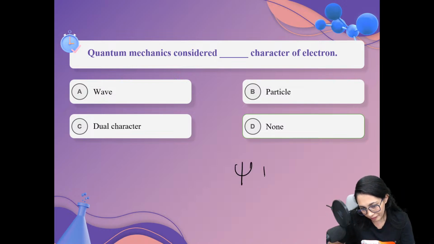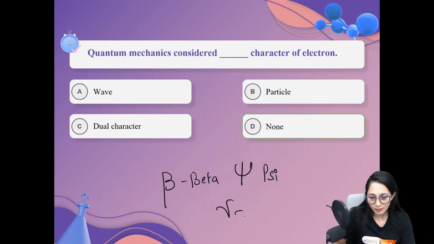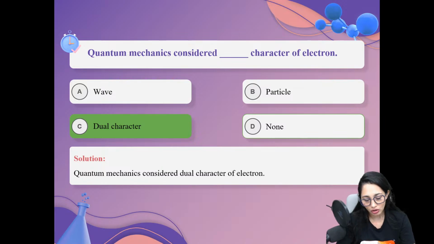This is psi, just like we have beta, gamma symbols, this is psi. P is silent. Is it option B? It's option C, dual character. Quantum mechanics consider dual character of electron.